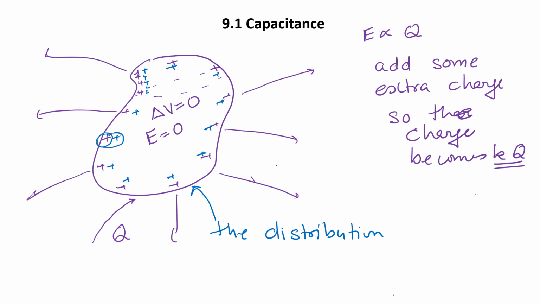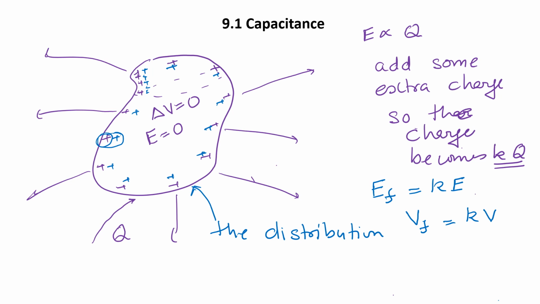And what would happen to the field? If the original field was E, the field after I have added this charge would become kE, and the potential should also increase by that same amount when I added this extra charge.